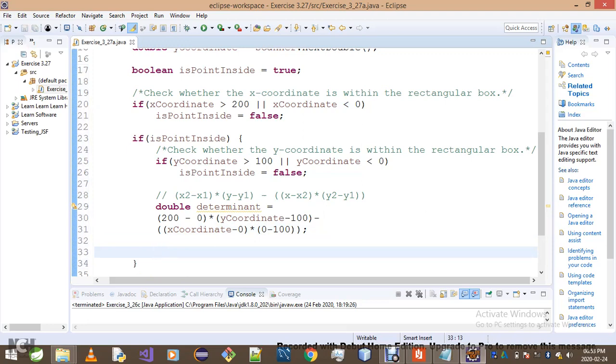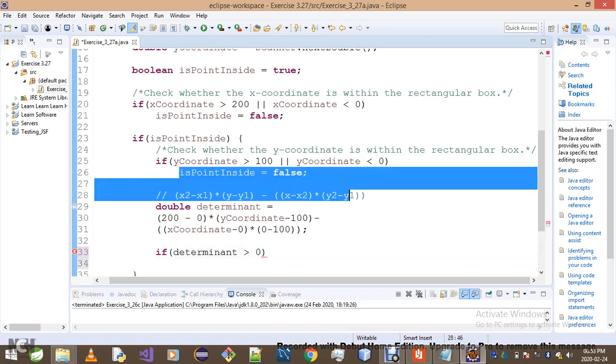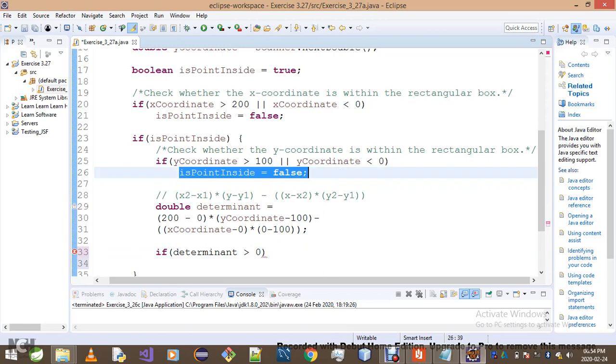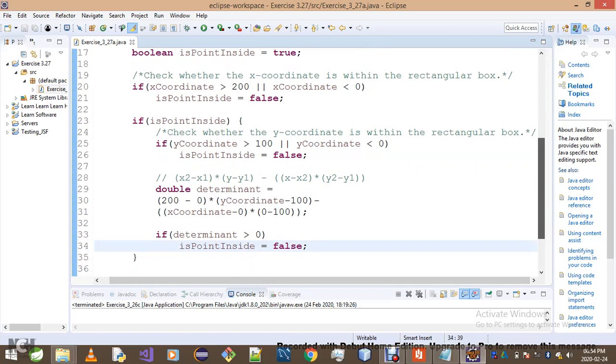Okay, once I do that, I simply say if your determinant is greater than 0, is equal to, for this point inside, will simply say false. Basically that says that your point is to the right of your rectangle, right?